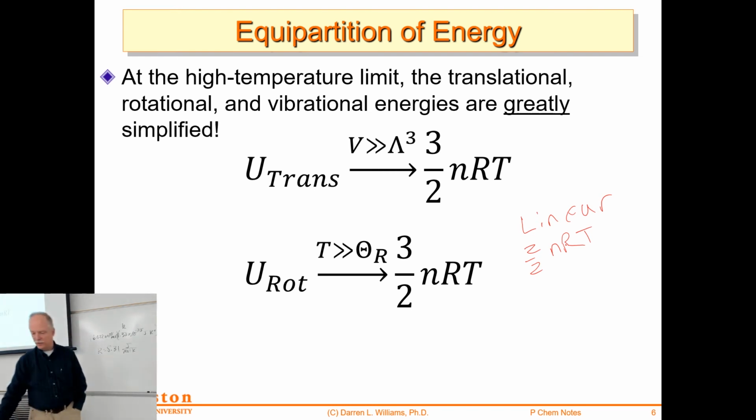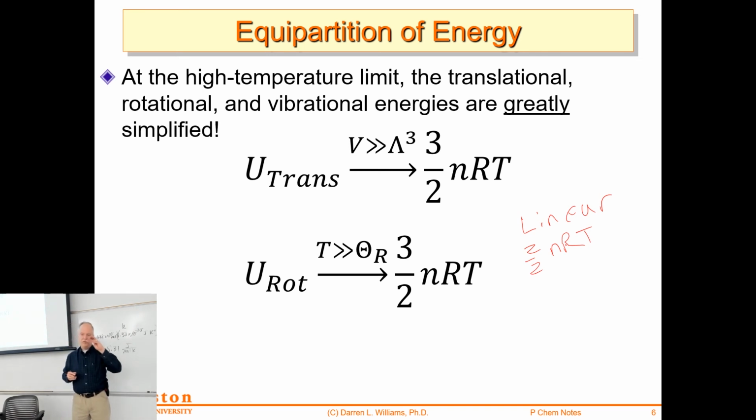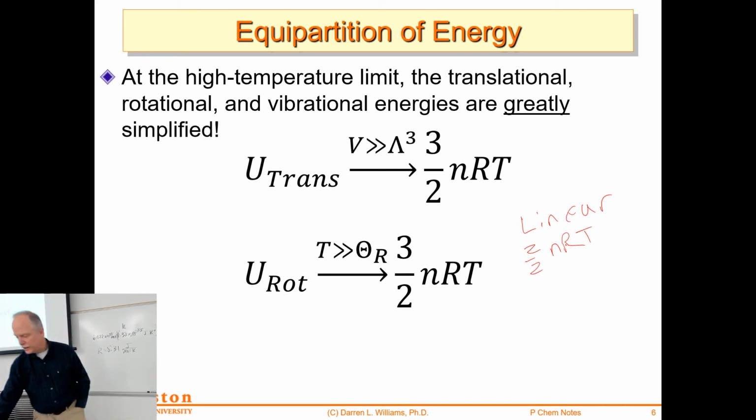But vibration's a little tricky. So we call this equipartition, high temperature. We have translational motion, and now it's just gas constant times temperature. The 3/2 is just in there. Again, that's the classical result of objects flying around in 3 dimensions. Same thing for rotation.